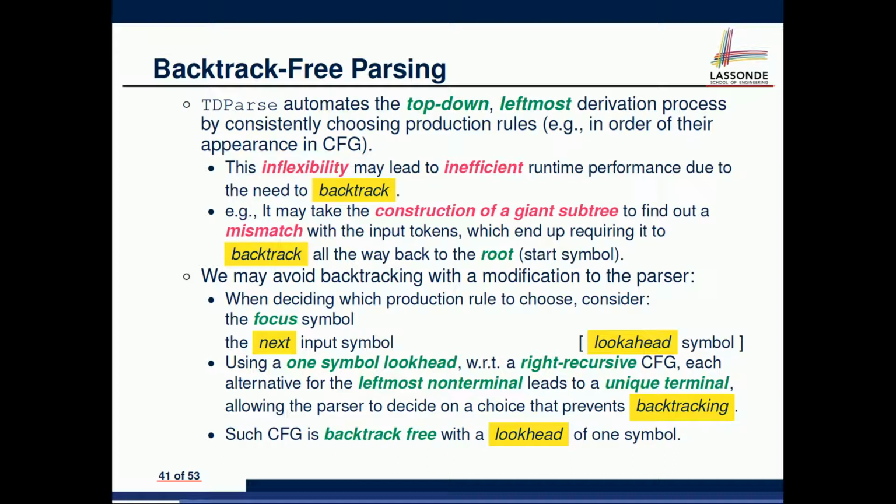Later on, we're going to define this: when you've got a context-free grammar, you would say that it is backtrack-free. This will be the ideal grammar you want to use for top-down parsing because, number one, you don't have any infinite loop, and number two, you can always make the right choice about choosing the production rule. We also call that a predictive grammar, just some term from the textbook.